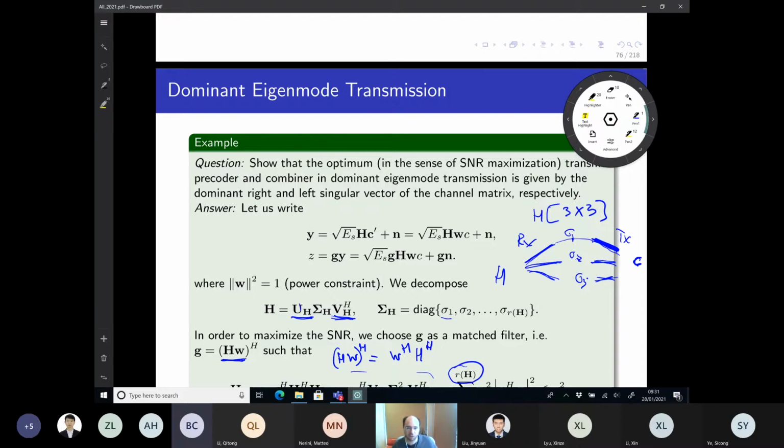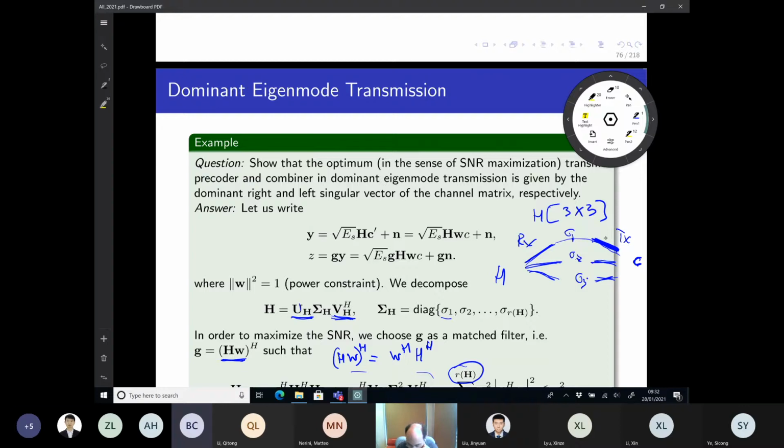You realize that now you have a channel matrix that has multiple eigenvalues, multiple eigenmodes, and instead of transmitting only on the dominant eigenmode, you transmit along multiple of them. You try to excite each of those eigenmodes, and because those eigenmodes are orthogonal to each other, they will not interfere with each other.